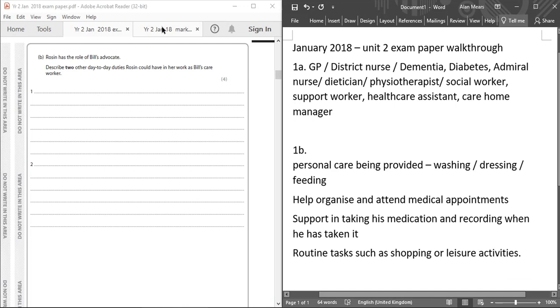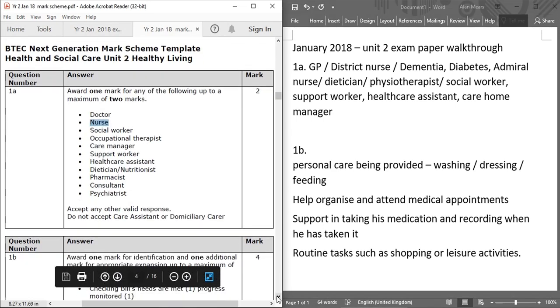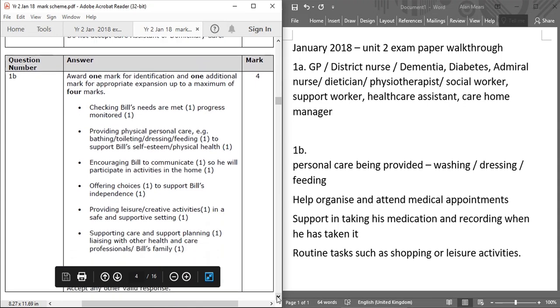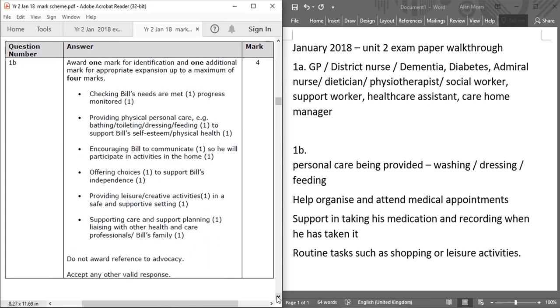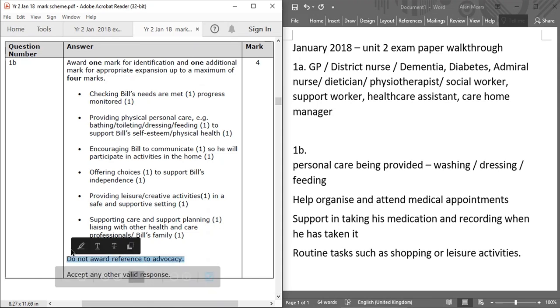Now, I think when I looked at this mark scheme with my class, I did this in class with my students today. One of the things that came up in the mark scheme was a few of the odd suggestions. So one of the things it says off the bat is, do not accept reference to being an advocate. Because the question told you Rasheen was his advocate, the case study told you that. So that's fine. If someone put advocate, I would understand to not accept it.